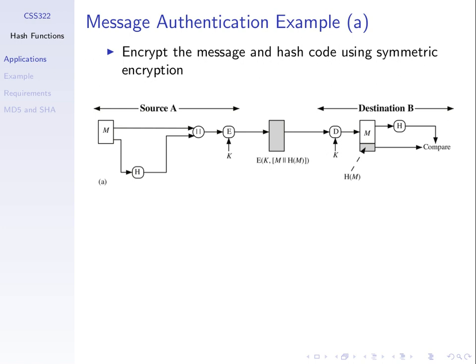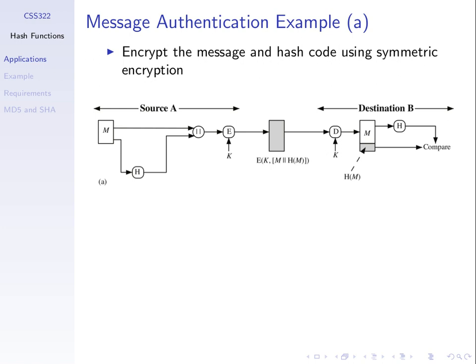If our message was 1 megabyte and the hash of the message was 100 bits, we combine that 1 megabyte and 100 bits together. So we have 1 megabyte plus 100 bits, concatenate the two, and we take that and encrypt using symmetric key encryption in this case, just in this example. We'll see some different examples in the following slides.